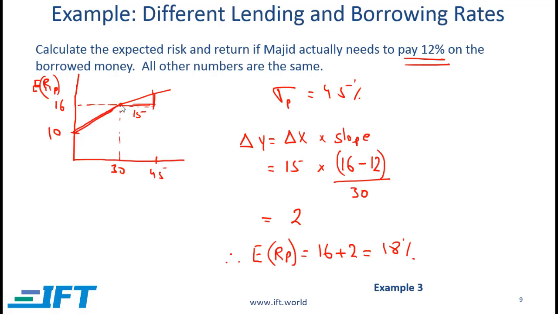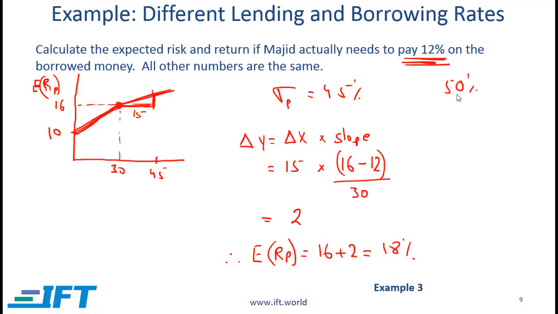Notice that this part of the line is exactly what we had before, but now since Majid is borrowing at 12%, the slope over here is less. The lower slope indicates that for a given amount of risk, the extra return will be lower, and that makes sense because the borrowing rate is now relatively high.